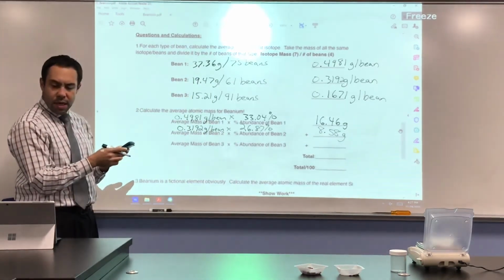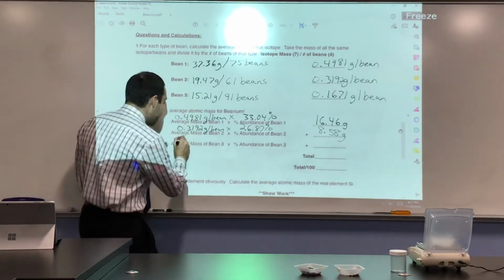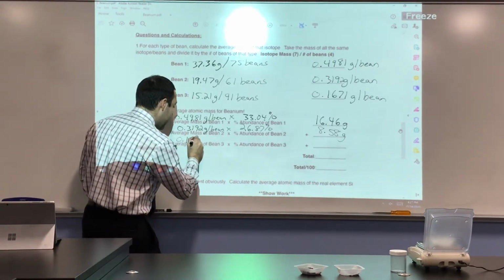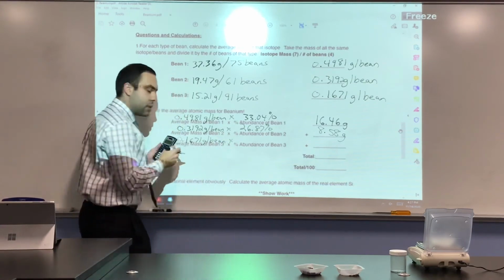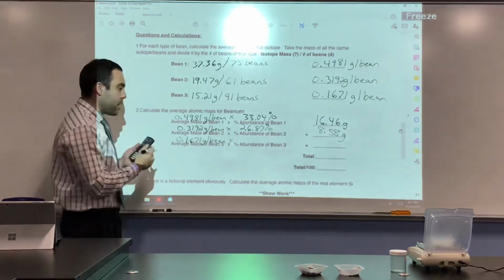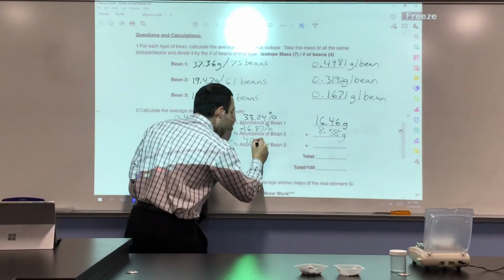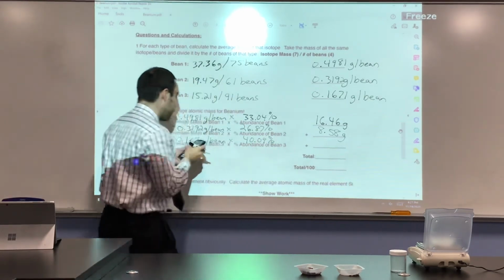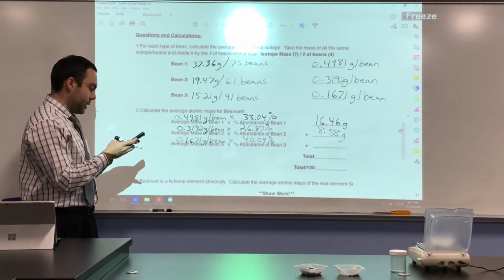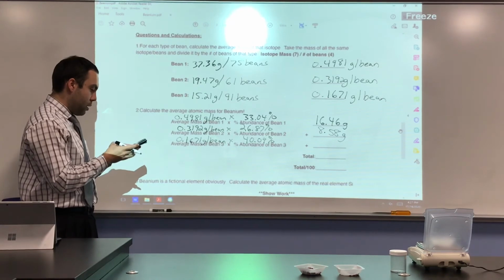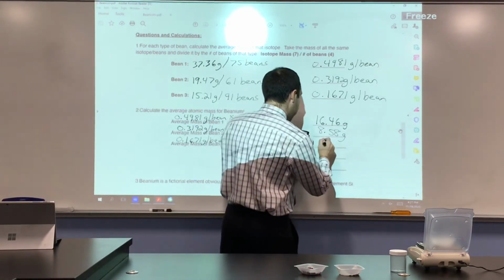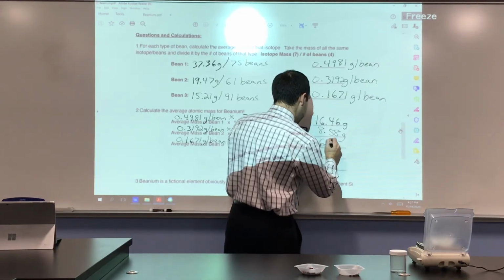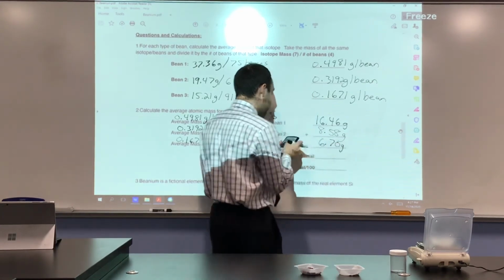And finally, bean number 3, we have 0.1671 grams per bean times the percentage, which is 40.09%. So 0.1671 times 40.09, and that gives us 6.70 grams.